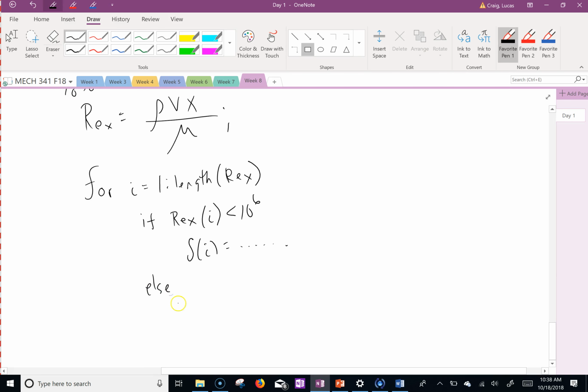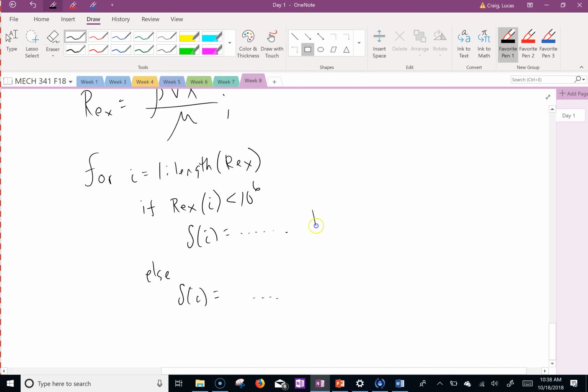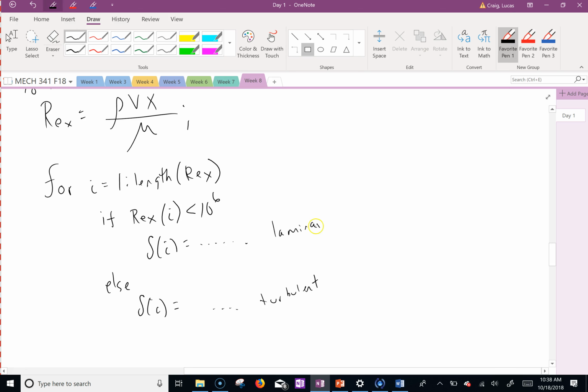Else, we don't even need to check Reynolds number again. You just say delta is the turbulent one. So this would be the laminar case, and this is the turbulent. Let me actually write the laminar one in, which was 5.0 times REX of i raised to the negative 1/2.